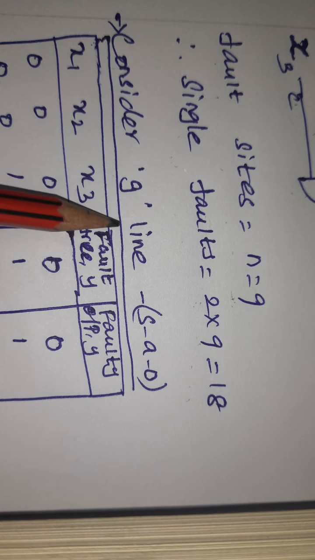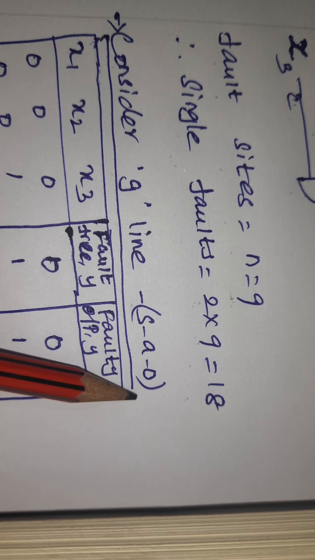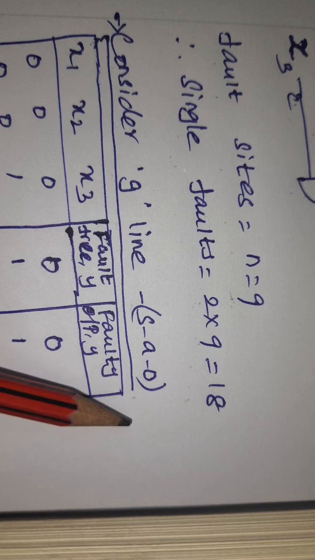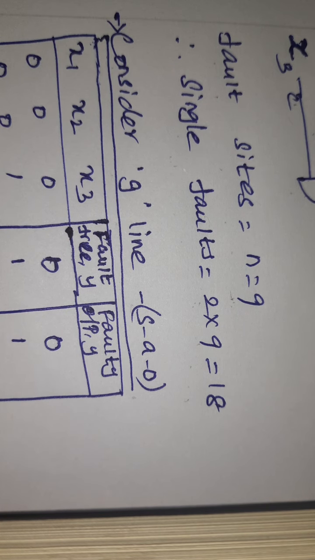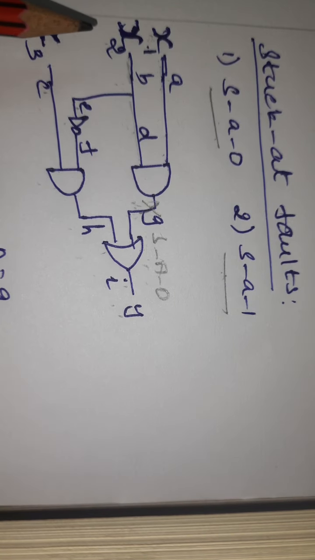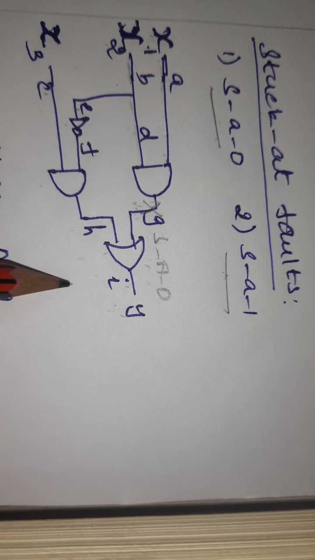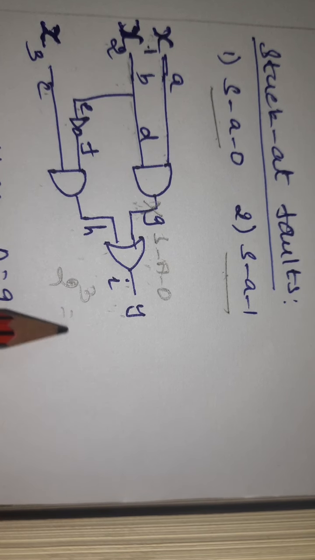Consider the G line is affected by stuck at 0. Before finding the test vector, first we have to make a truth table. Already we know the circuit has 3 inputs and 1 output, so 2 power 3, 8.